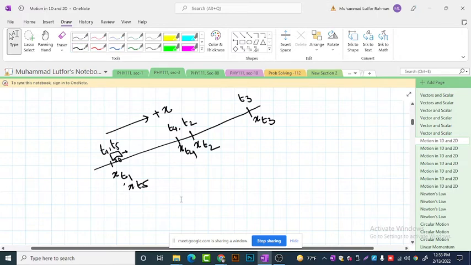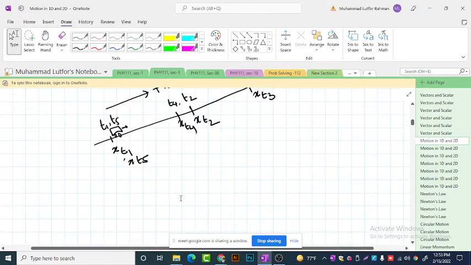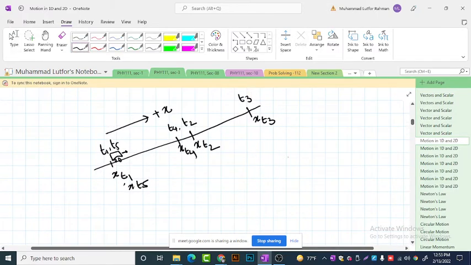Now if I want to find the average velocity in between time t1 and t2, I write down my general definition, which is the rate of change of position. At time t2 the car was at location x(t2), and at time t1 the car was at location x(t1), and the difference of the time is t2 minus t1, times i hat.